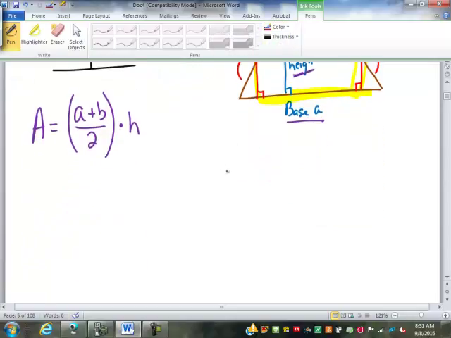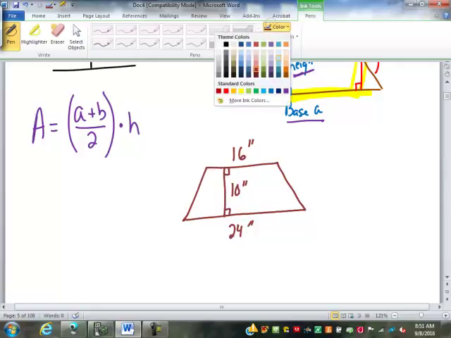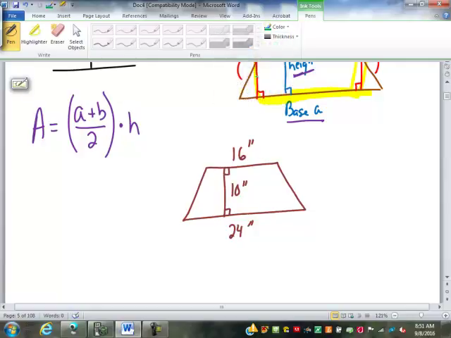So if I give you a trapezoid, it looks like this. Let's say this is 16 inches, 24 inches. I call that 10 inches. I have to plug the numbers into the formula.